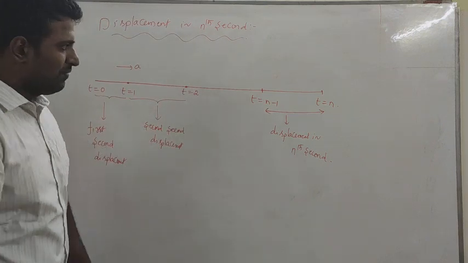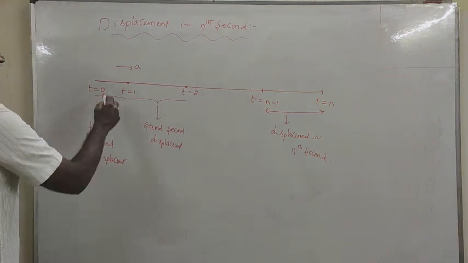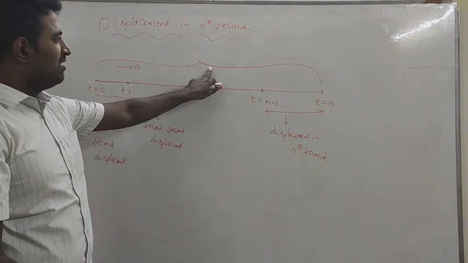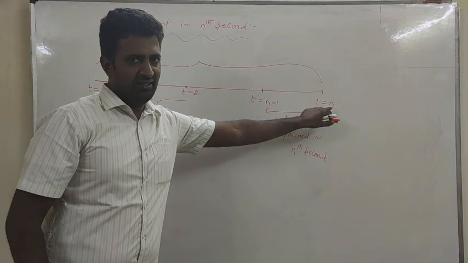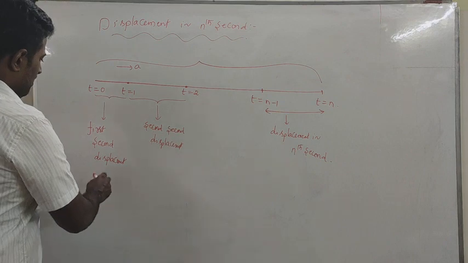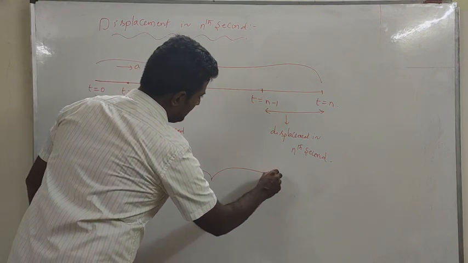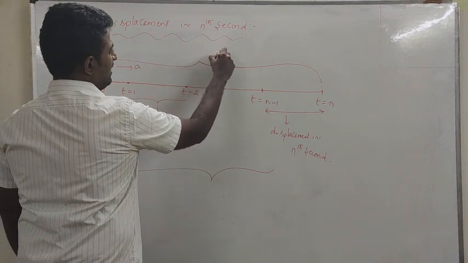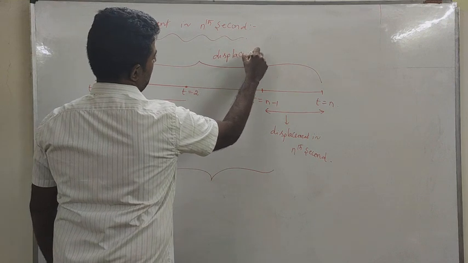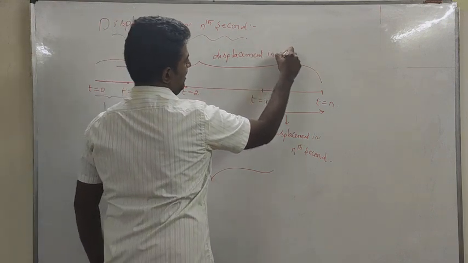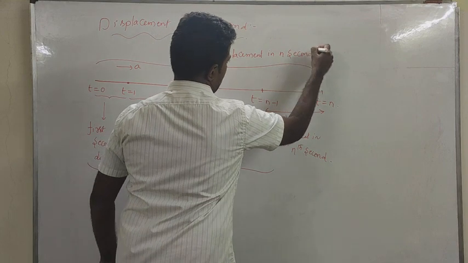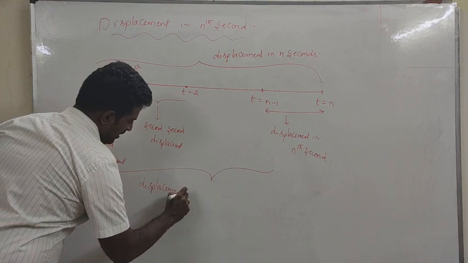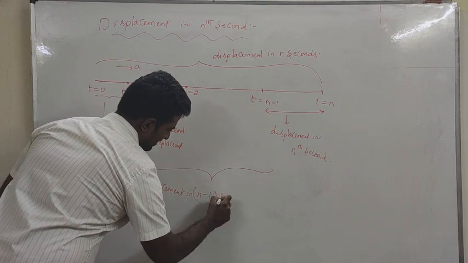To calculate this, I will give you an idea. First of all, I will calculate this total. This total is the displacement in n seconds. And I will calculate this one, which is the displacement in n minus 1 seconds.